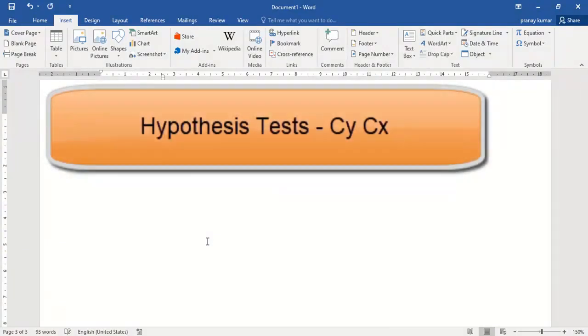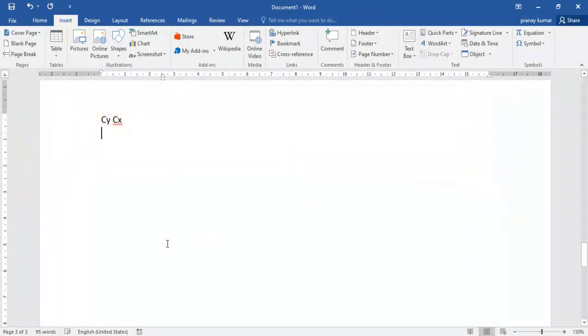One condition I had was that my Y and X were both continuous data. In such conditions, the available tests are two.